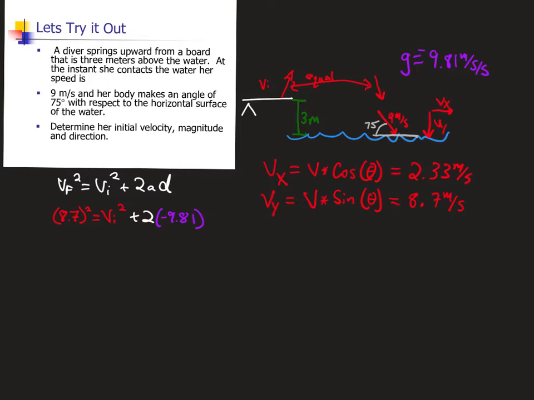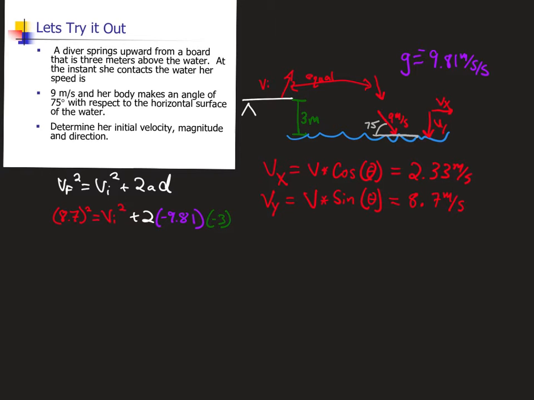Now the distance traveled is also going to be negative because it's below the initial position.